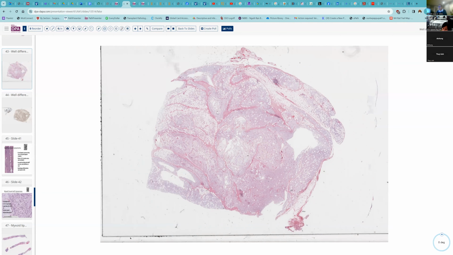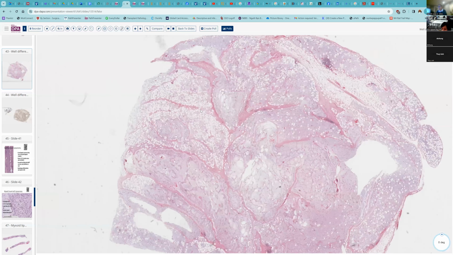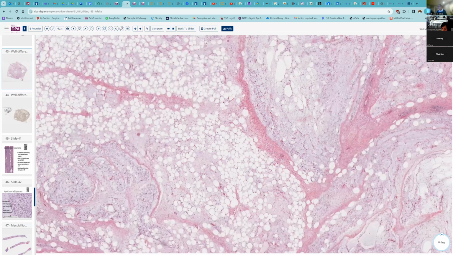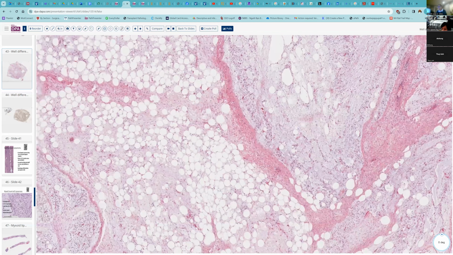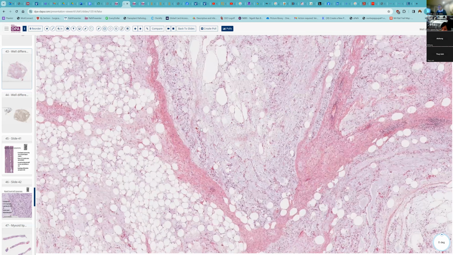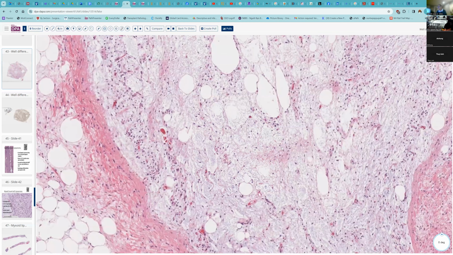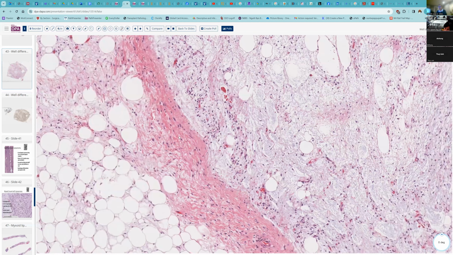But one of the challenges is when you get a tumor like this, which is from the retroperitoneum. And as we look at this tumor, we notice that it has a lot of myxoid change to it. And so we see all of this myxoid tissue here, very loose myxoid type tissue, and it's in a sort of fatty location.